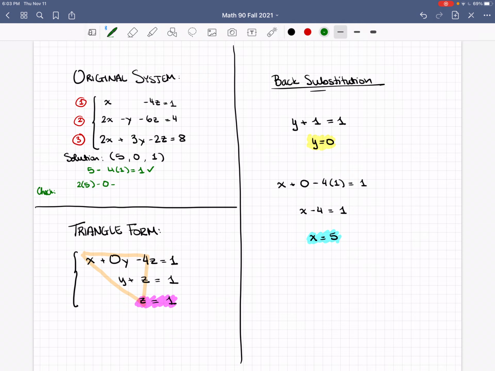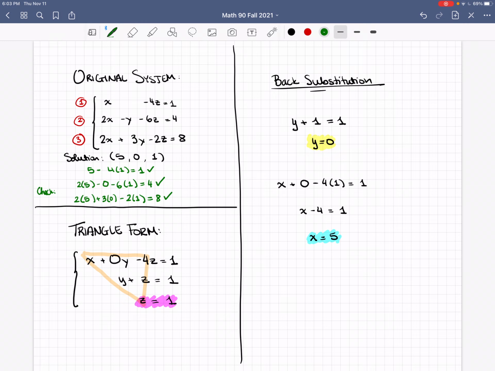Minus 6z. That should be equal to 4, and it is. 2 times 5 is 10, minus 6 is 4. Last one, this is looking promising so far. 2 times 5 plus 3 times 0, that's just going to be 0. Minus 2 times 1, that should be 8, and it is. 2 times 5 is 10, minus 2 times 1 is 8.